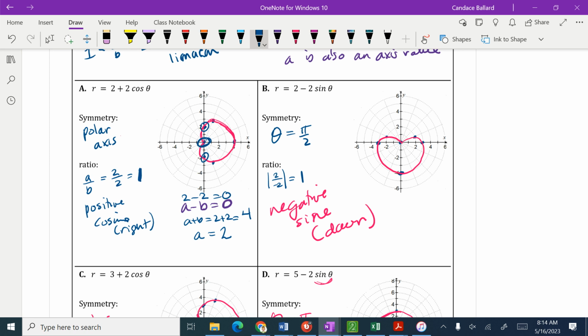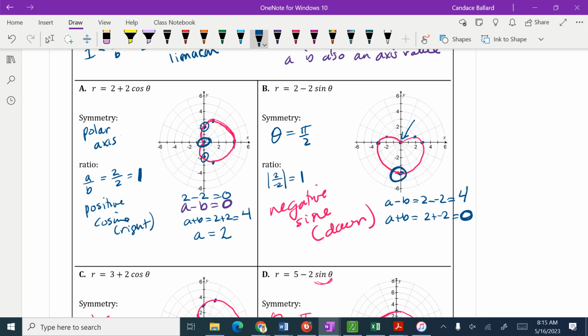Let's see if we can find a pattern of when we use A minus B and A plus B and which axis it lands on. On this one, if I did A minus B, that would be 2 minus negative 2, which gives us 4, right? Was that one of our values? 4 rings out? Yeah. Then A plus B would be 2 plus negative 2, which gives me 0, which was one of our values.